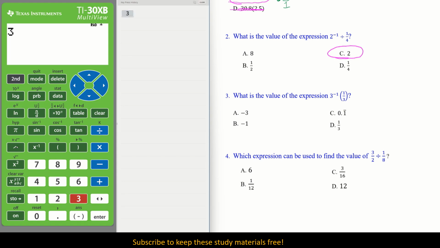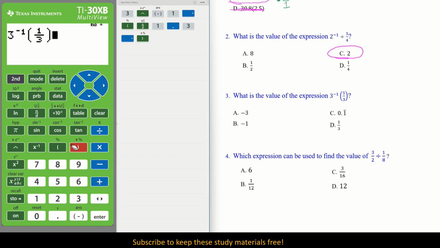Okay, so I do 3, caret up, negative 1, arrow over, but I need my parentheses, fraction 1, arrow down 3, arrow over, close my parentheses, verify that that is what is entered, push enter, and I have 1/9.